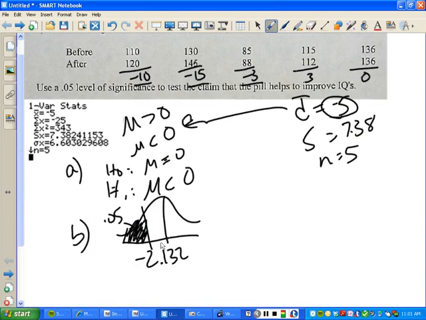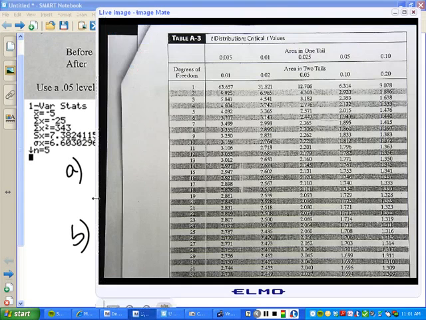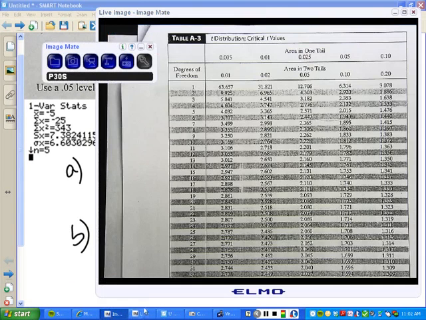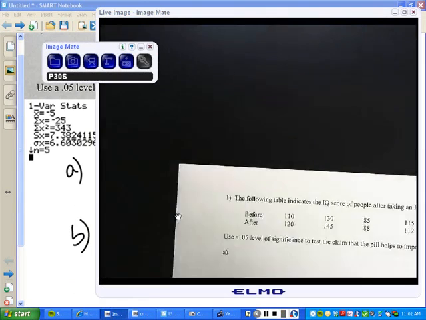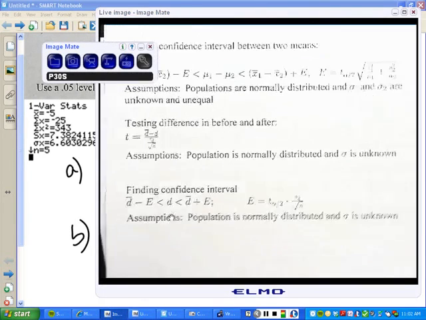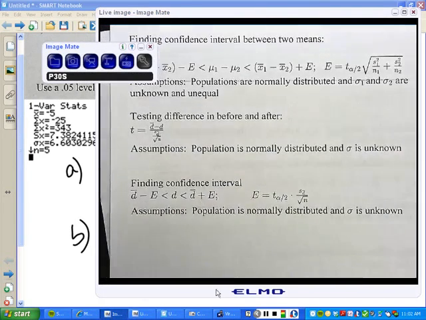Part C, you got to write down the formula. You can write it right off the screen. Got to write down the formula. So I'll do that.